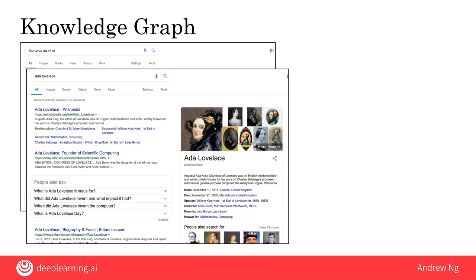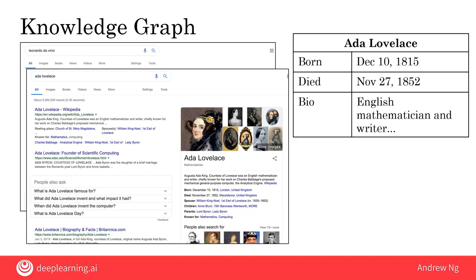This information is drawn from a knowledge graph, which basically means a database that lists people and key information about these people, such as their birthday, when they passed away, their bio, and other properties of these individuals. Today, different companies have built knowledge graphs of many different types of things, not just people, but also they built these databases of movies, of celebrities, of hotels, of airports, of scenic attractions, and on and on and on.